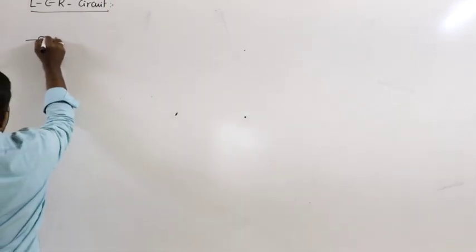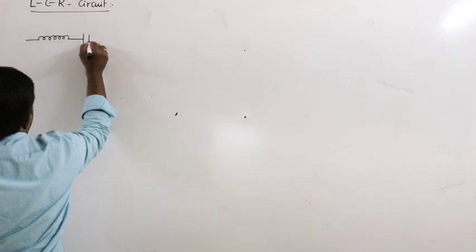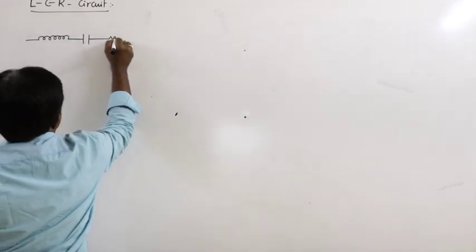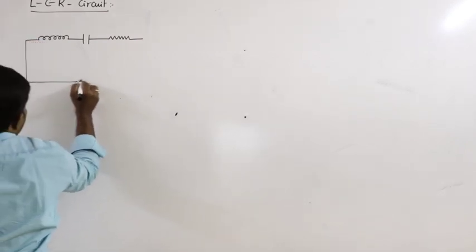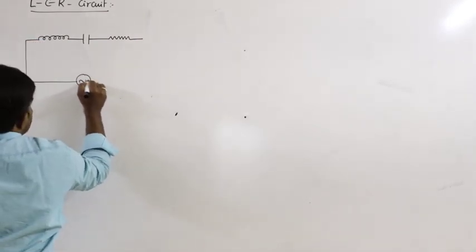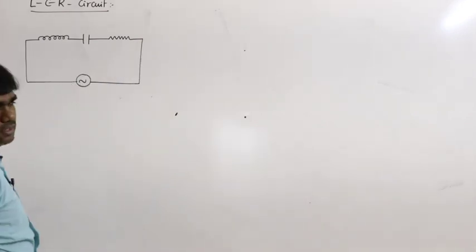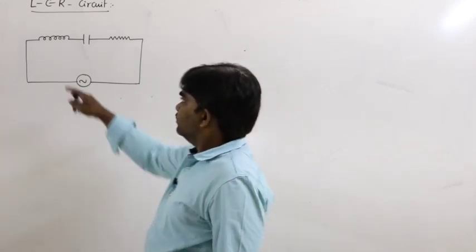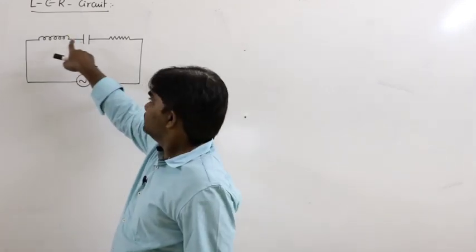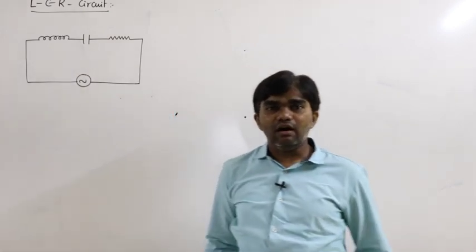So inductor, capacitor, resistor, these three are connected in series to the alternating signal. The alternating signal is connected to inductor, capacitor and resistor. These three are in series.